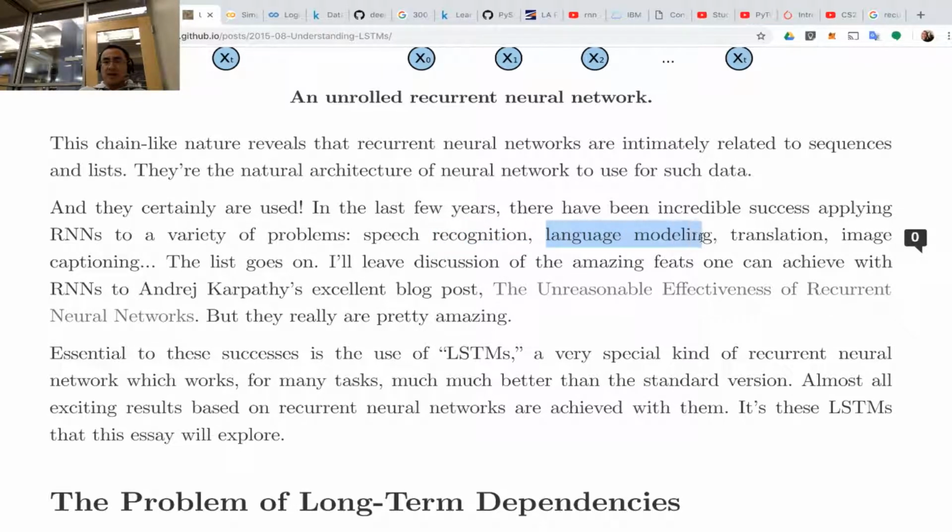For language modeling, I'm not very particular. Translation, if you use Google Translate from English to Spanish or from Spanish to English, or English to French, or Japanese to English, or Japanese to Indonesian, or what have you, right?